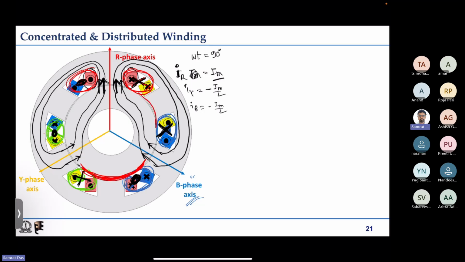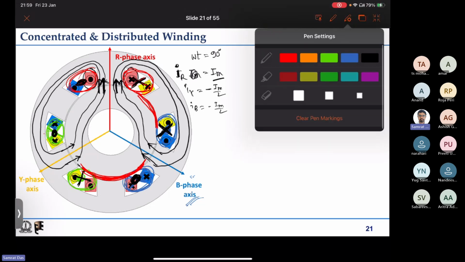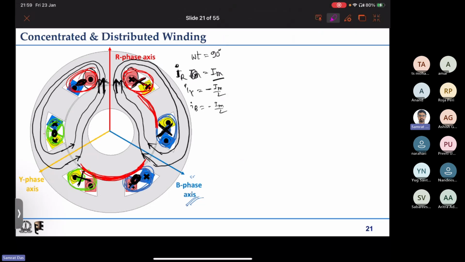Similarly, this whole region will have zero flux density, this whole region will have zero flux density, and this whole region will have zero flux density.